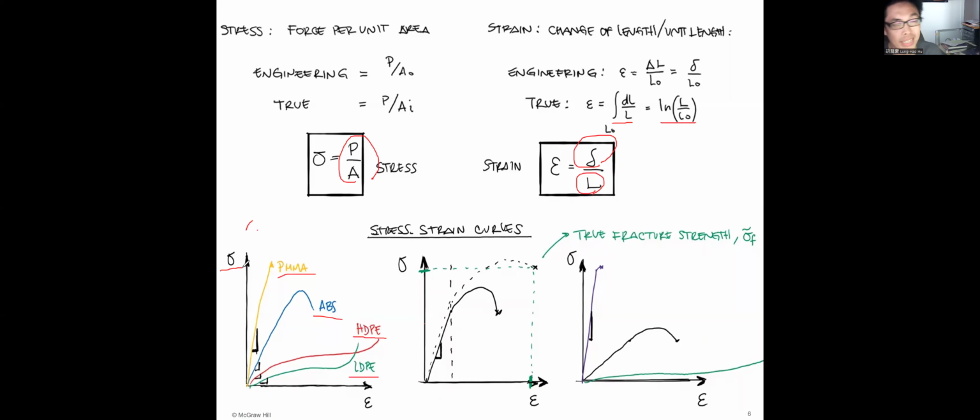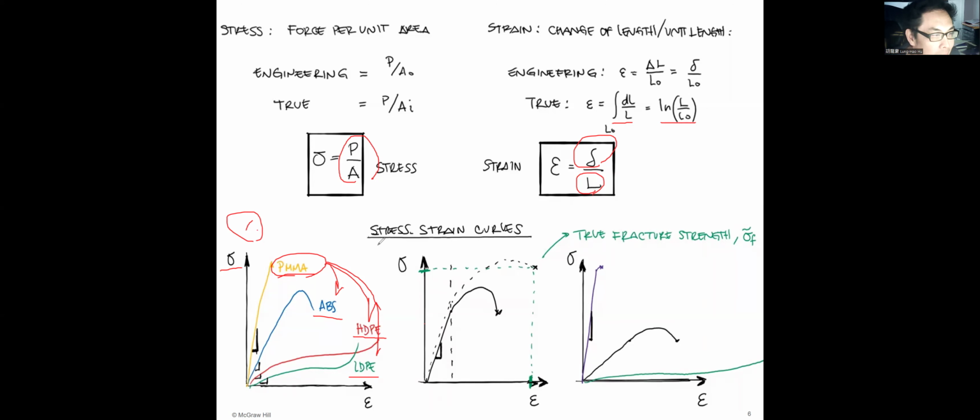From this first figure, we can see PMMA has the highest Young's modulus, or the highest elastic modulus. That means it has the highest stiffness compared to ABS, HDPE, or other polymers.